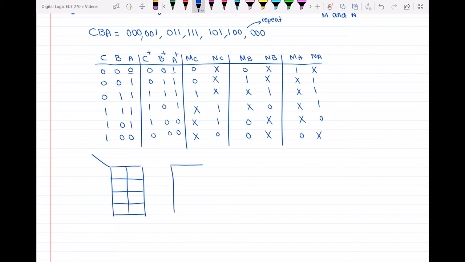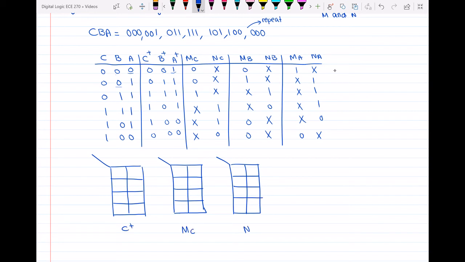So here we have this is for flip-flop C. And the third one. One of them is for C plus, one of them is for MC, and one of them is for NC. So we have C, B, A, and I'm writing them in this sequence, CBA, because I know that the sequence that I'm counting in is CBA, so that would be easier to find the cell that I want to fill in.